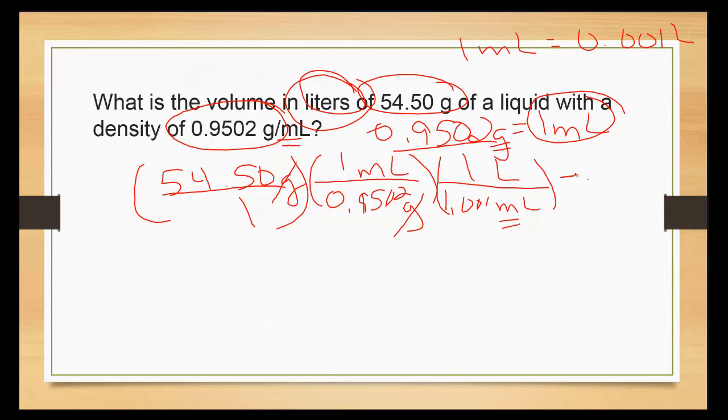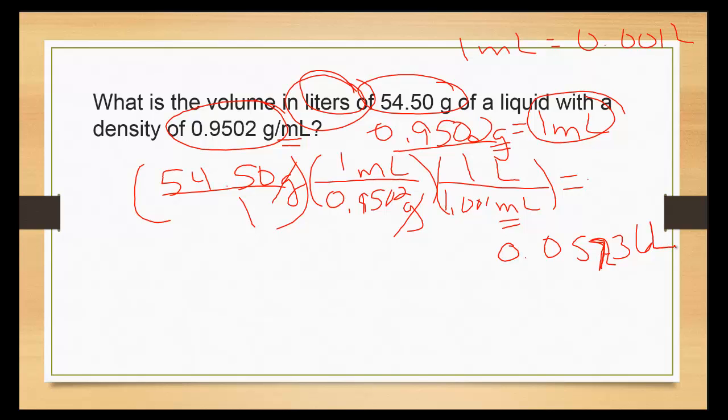So 54.50 divided by 0.9502 divided by 1,000. I want 4 significant figures in the final answer. 0.05736 liters.